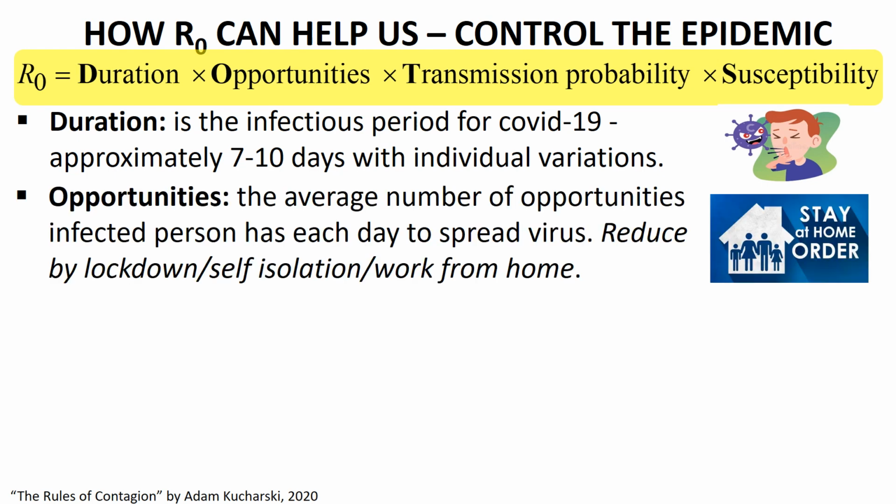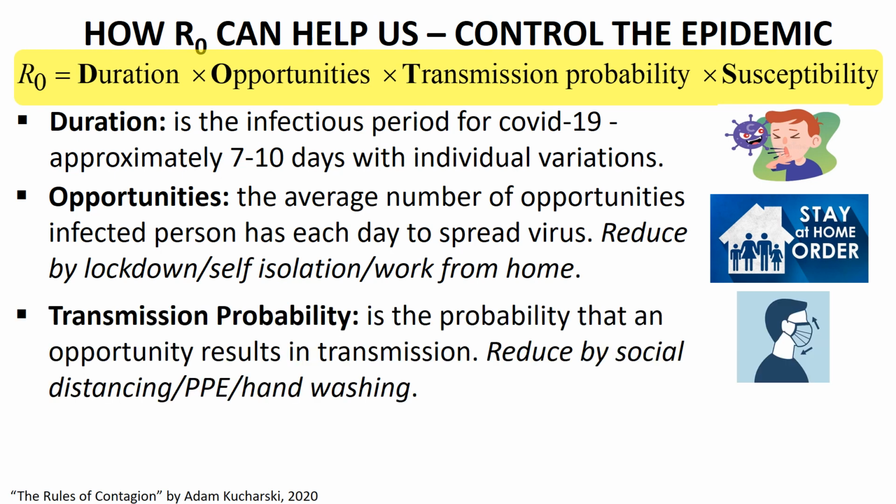Opportunities is the average number of opportunities an infected person has each day to spread the virus. So you can reduce that by lockdown or by self-isolation or work from home. You can reduce the number of opportunities. Now let's assume that you do meet another person and you're not infected, then we have what's called the transmission probability. And that's the probability that having had an opportunity, it results in transmission.